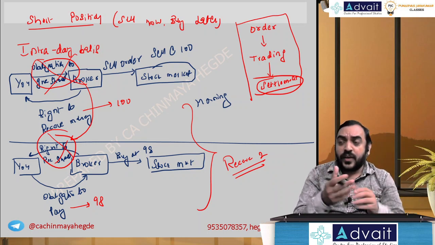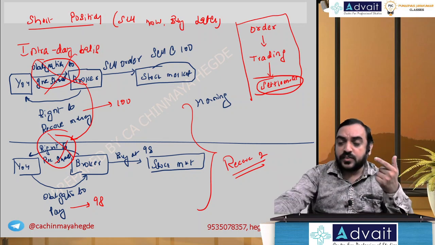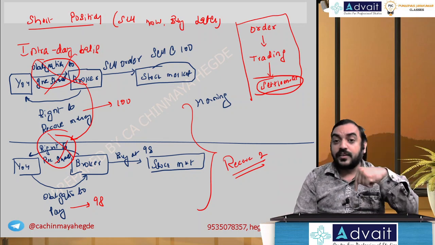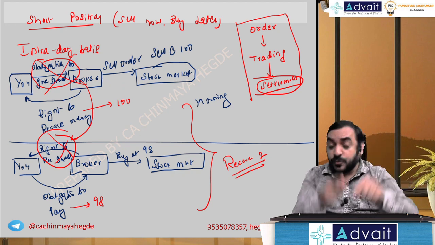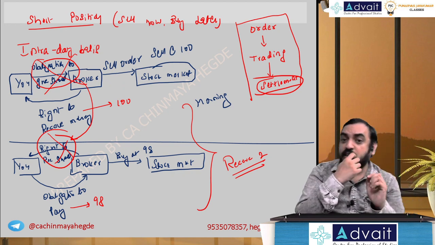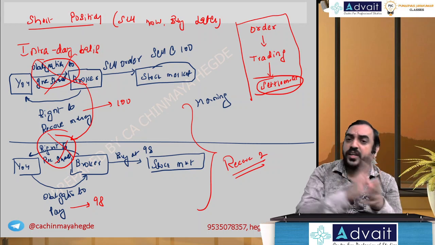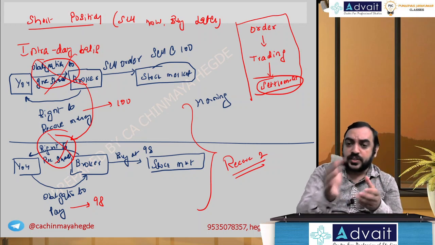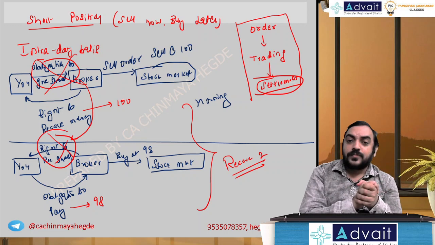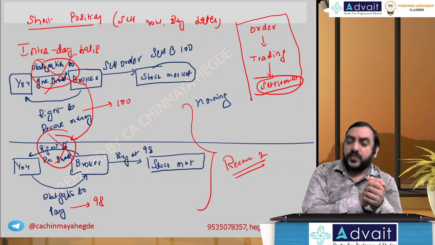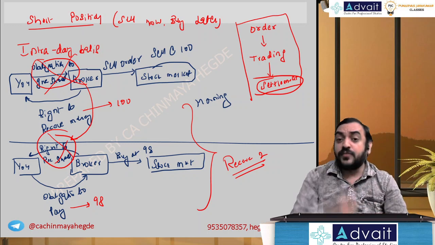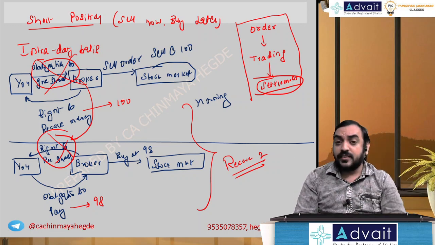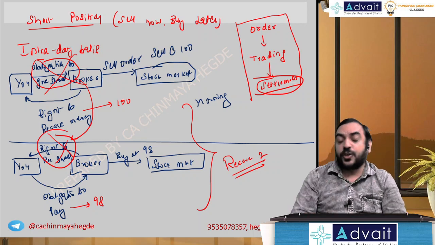Again, what you're thinking is, how can I sell without having? Please keep it in mind. I am telling I'm going to sell. Just imagine this. You go to Kirana shop. You say, I want rice. He will tell you 1000 rupees. You pay him 1000 rupees. He may not give you the rice immediately. When will he give? He might do delivery, he might come to you in the evening and give it to you.